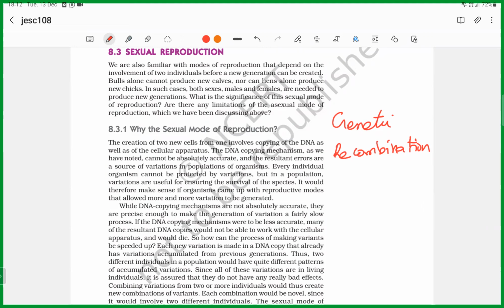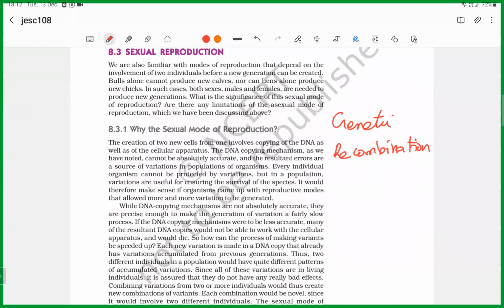Parents are required, sir. Actually, no. In plants, and in humans, if it is a unisexual organism, then two parents are required, male and female, both sexes.